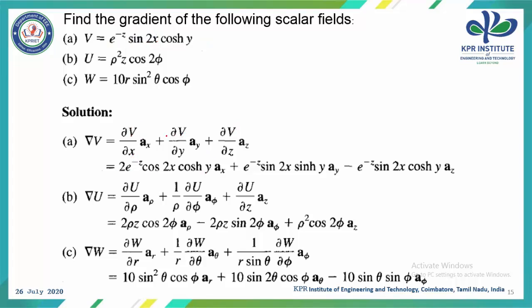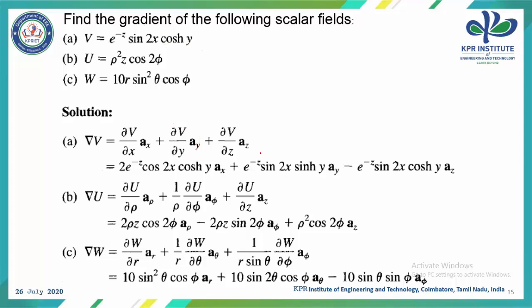Now take this term. Here you want to differentiate with respect to y. So you can take e to the power minus z and sin 2x outside. What is the differentiation of cosh y? It is sinh y.